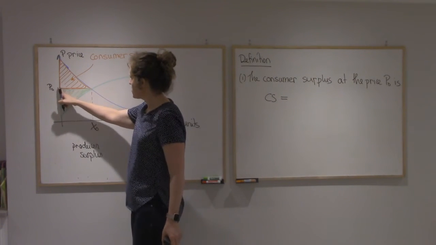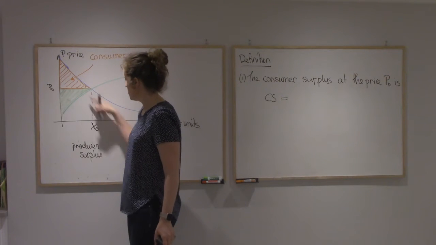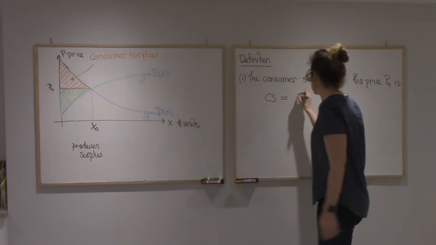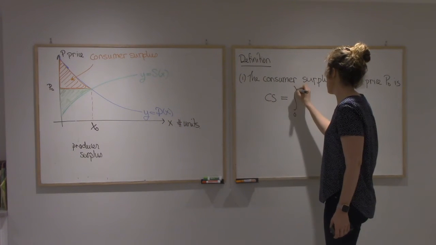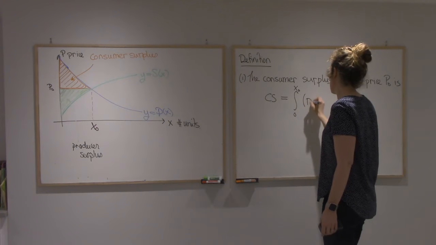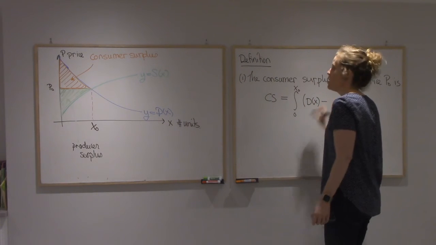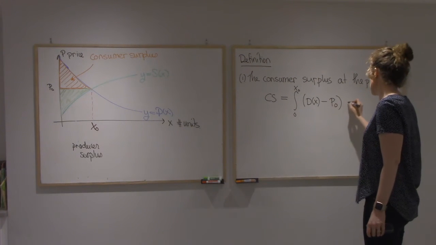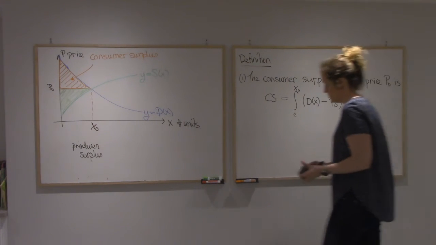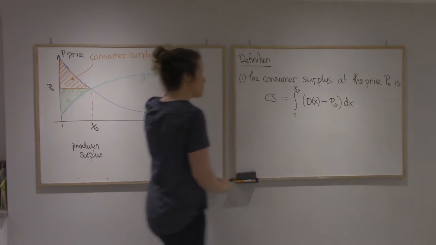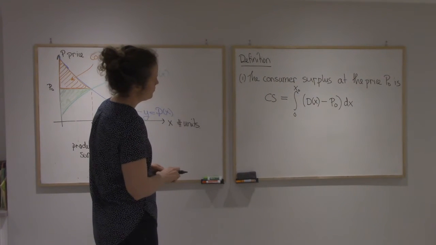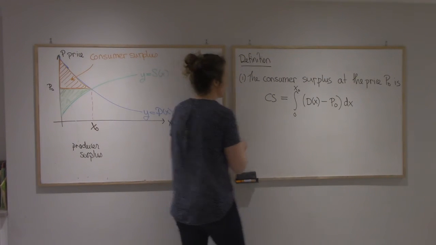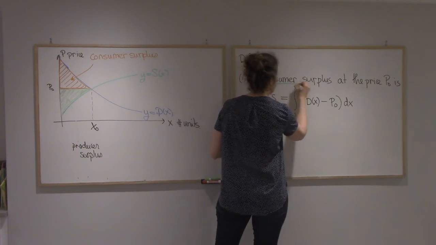So it's going to be the integral from 0 to x0 of top minus bottom. Top is d of x. Bottom is p0. It's a constant, so that's not going to be too hard to integrate. So that's the consumer surplus, right?